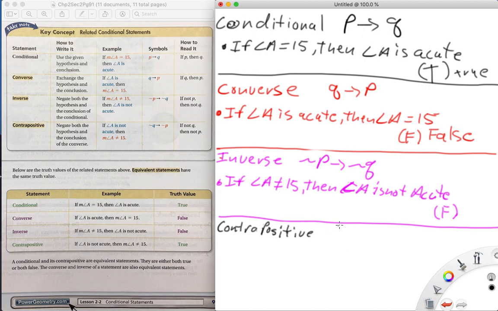So contrapositive means not Q, then not P. Okay?